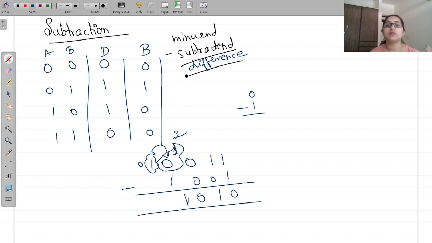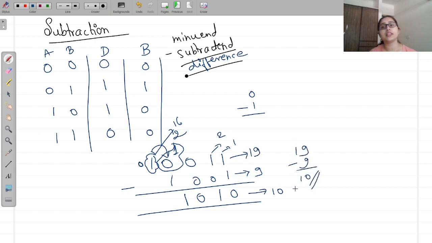So 2 minus 1 will be 1. So the answer will be 1010, which is 10. 1001 is 9. What about this value? It is 1, 2, 4, 8 and here it will be 16. So 16 plus 2, 18 plus 1, 19. So 19 minus 9 will obviously give you 10. This is a verification process: converting it to decimal, subtracting it and seeing whether the resultant has the same value.